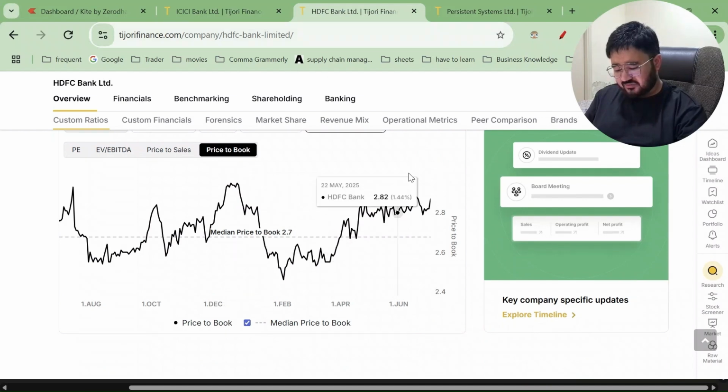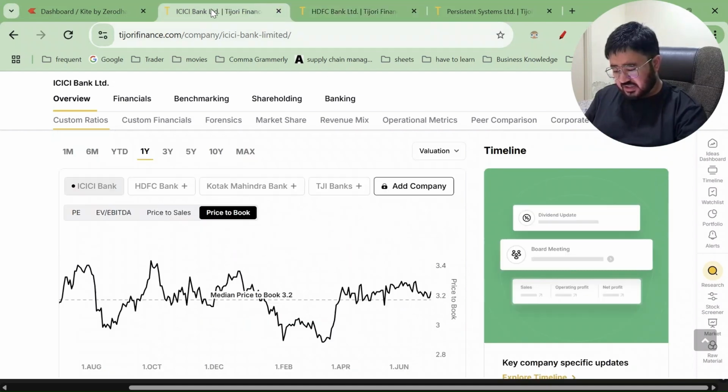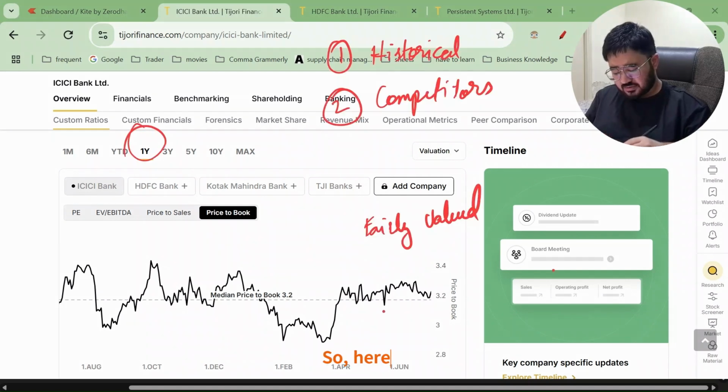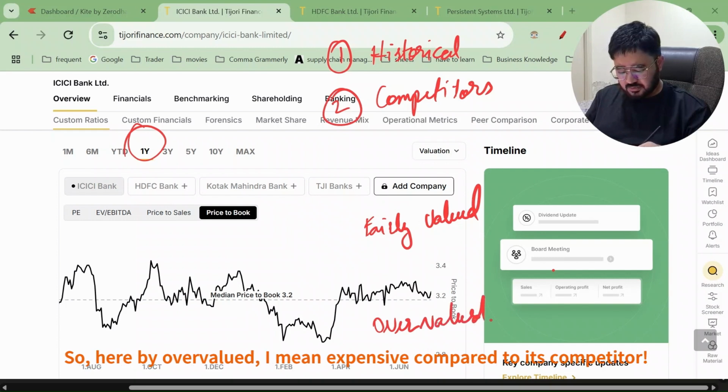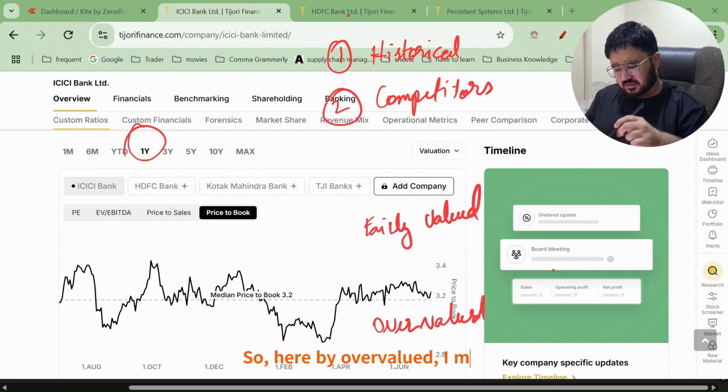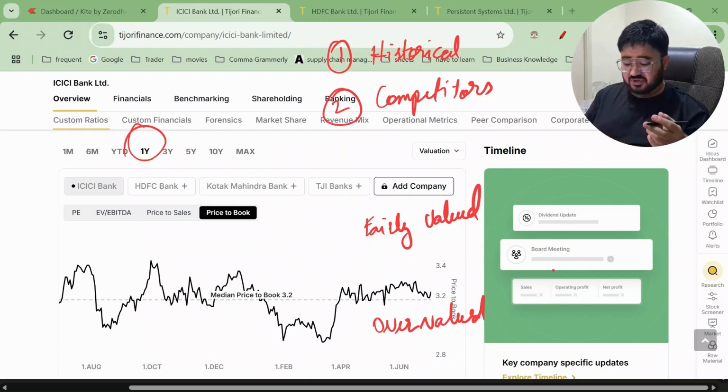So if we compare it with HDFC, ICICI Bank is overvalued, right? Now, it's the same ratio but two interpretations. If we compare it with historical, it is fairly valued. If we compare it with its competitor, it is overvalued, right?